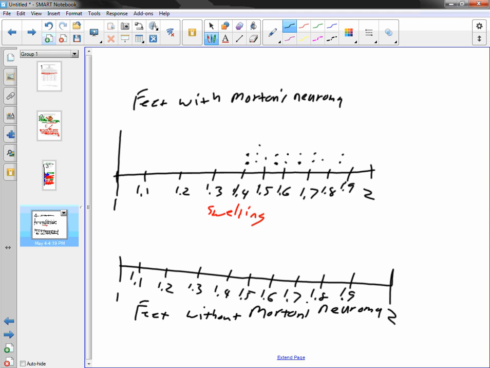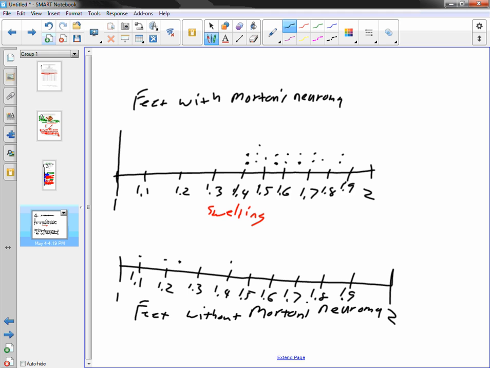Okay, and then we're looking for the ones that don't have Morton's neuroma. For the first one, that's a 1.10, and then the next one's a 1.25, the next one's a 1.2. The next person had it in both, so skip them. The next person is a 1.4. The next person was both, so skip them.